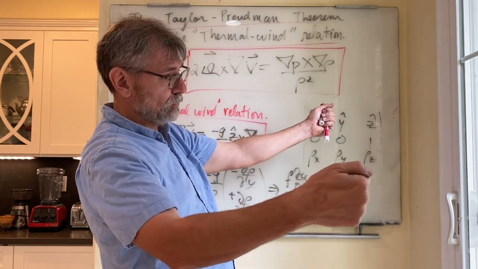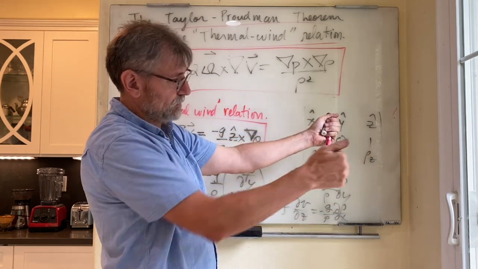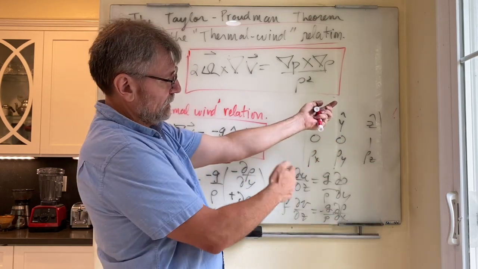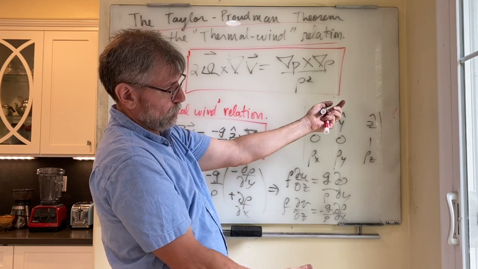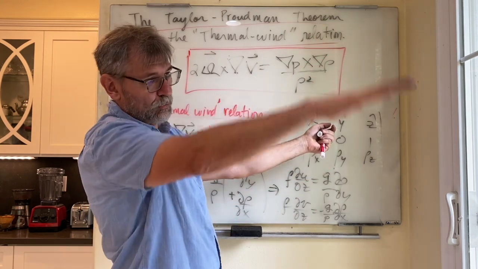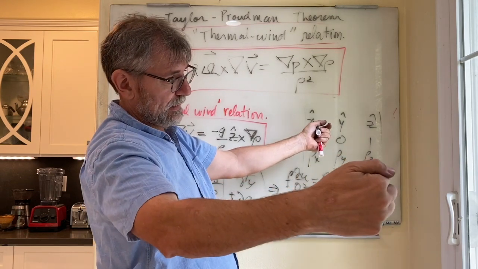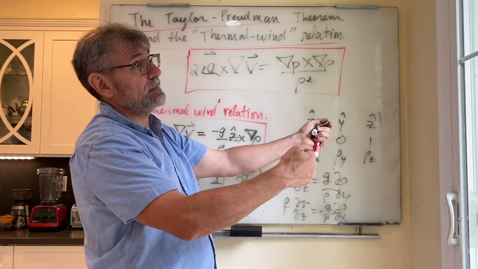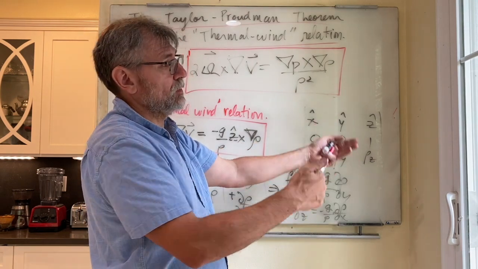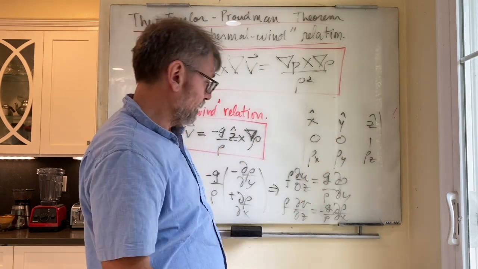That means that as I go northward, the density should be increasing, because I've lifted the more dense fluid from below in the northward direction, and on this side, the vortex tipping has pushed down the more buoyant fluid. So d rho dy is going to be positive.